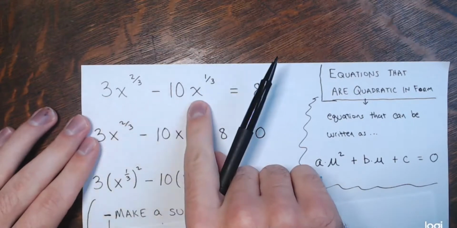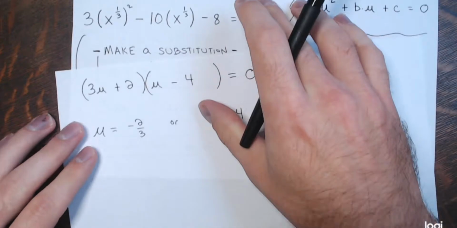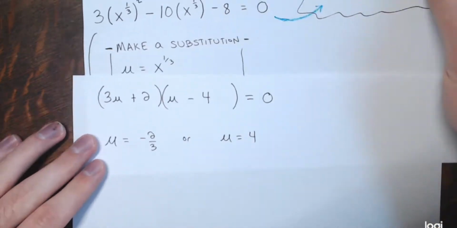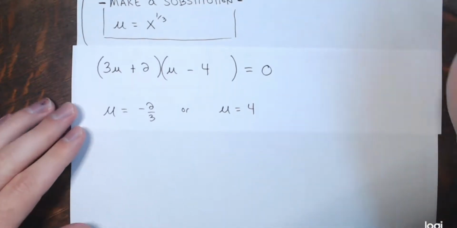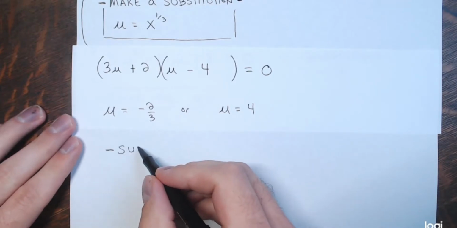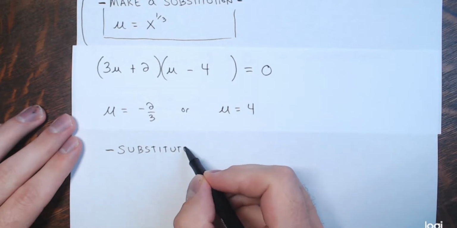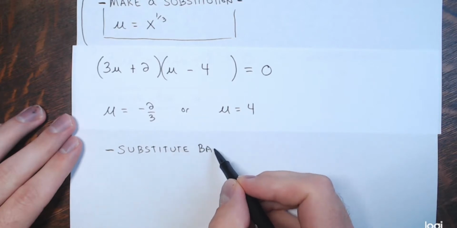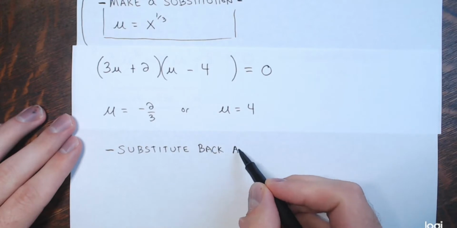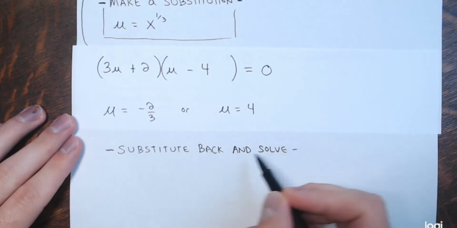I want to solve the original equation, which was in terms of x. So now, after solving for the substituted variable, I'm going to substitute back and solve for the original variable.